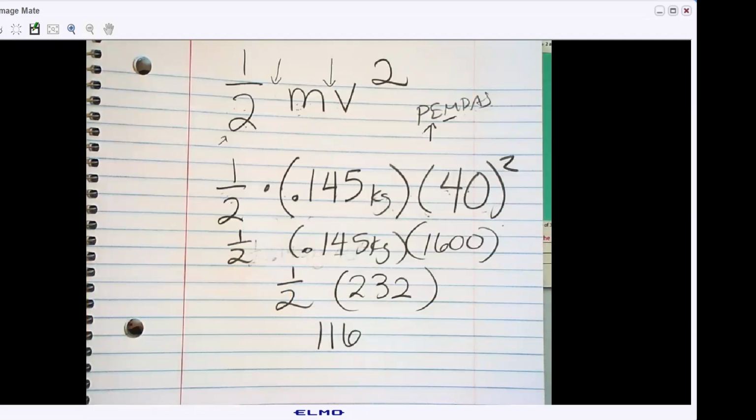Oh. I divided them instead of multiplied them.